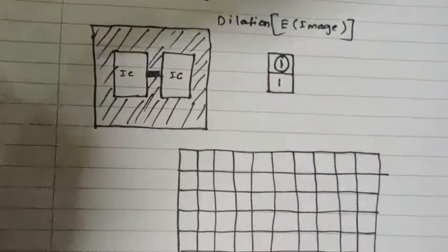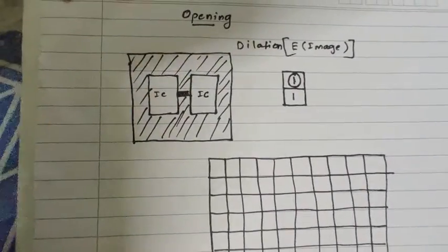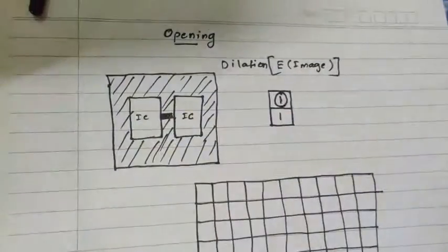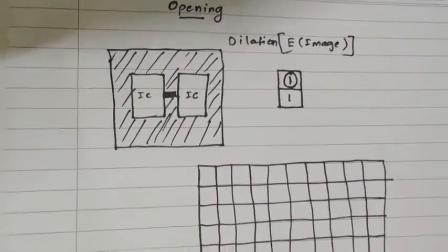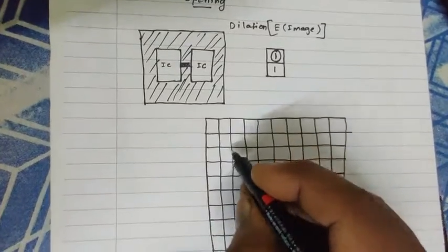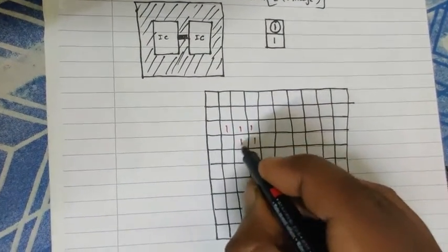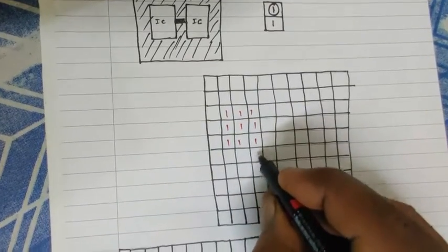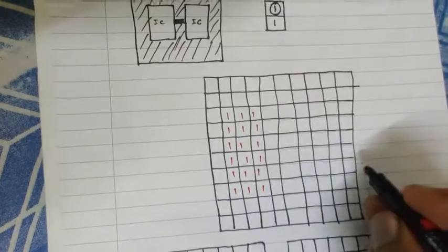Let us first understand how we convert this image into a matrix of ones and zeros. As we can see in the image, I have again taken a 10 cross 10 matrix for our convenience of understanding, and I'll be laying this IC as this part.